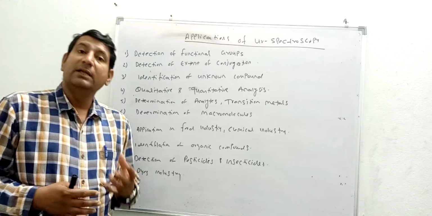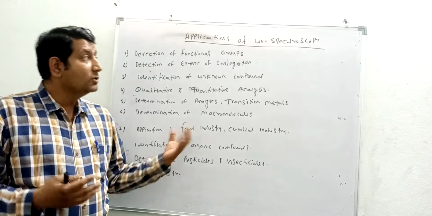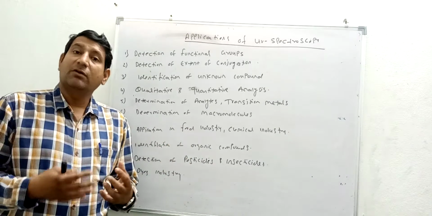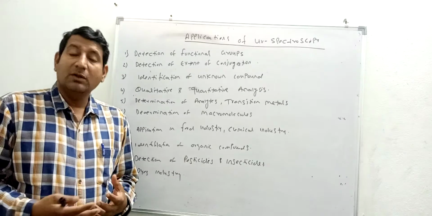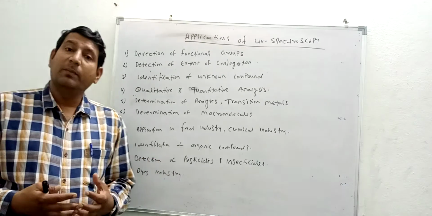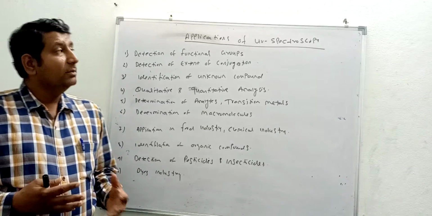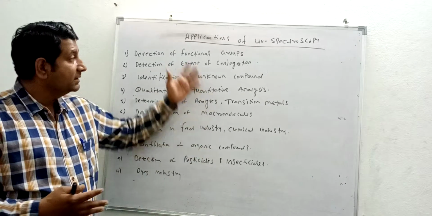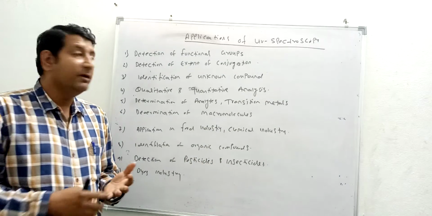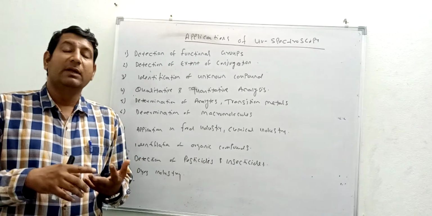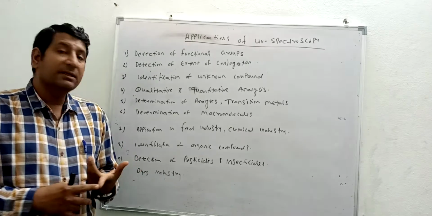It is also helpful in forensic sciences. It is also applicable in determining the structure of protein, RNA, DNA, etc. In the biotechnological field also, UV spectroscopy is very important. So UV visible spectroscopy finds various important applications in the fields of pharmacy, biotechnology, chemical industries and dye industries.